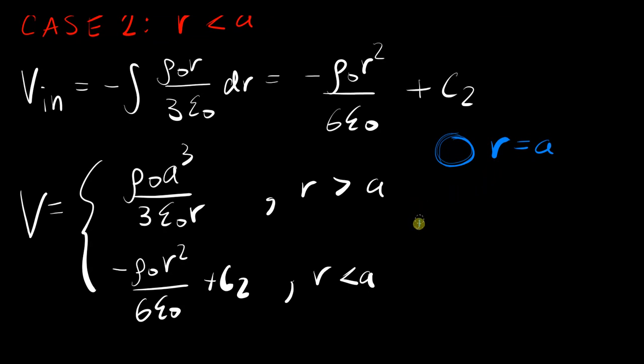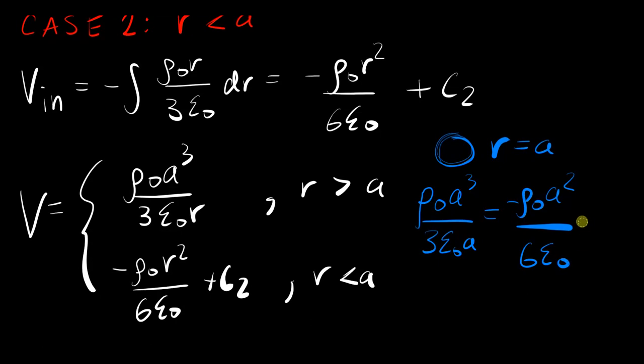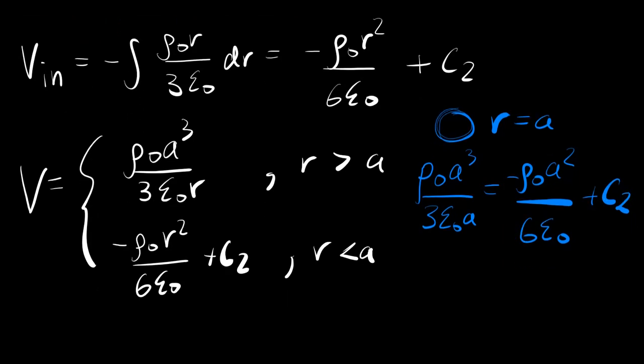But basically, when you equate these two and you let r equal a, you get this. And now, look at that. You can solve for C2 in terms of all this stuff. Okay.